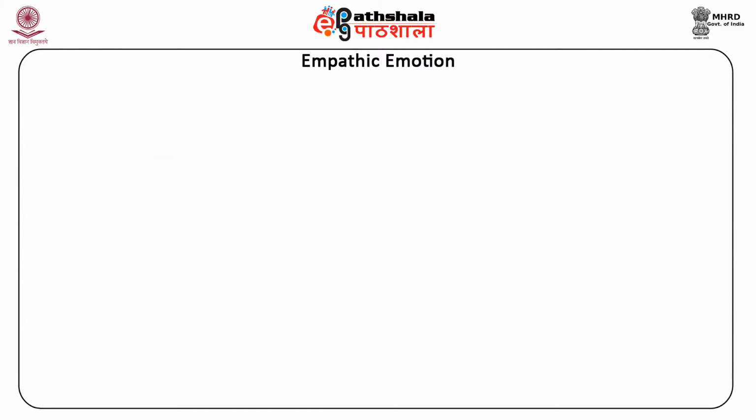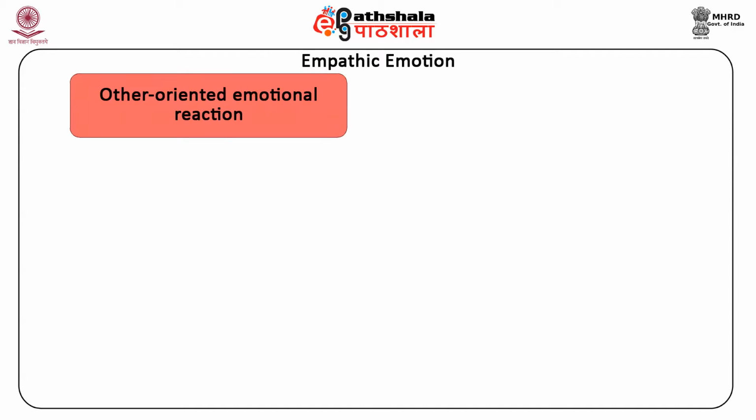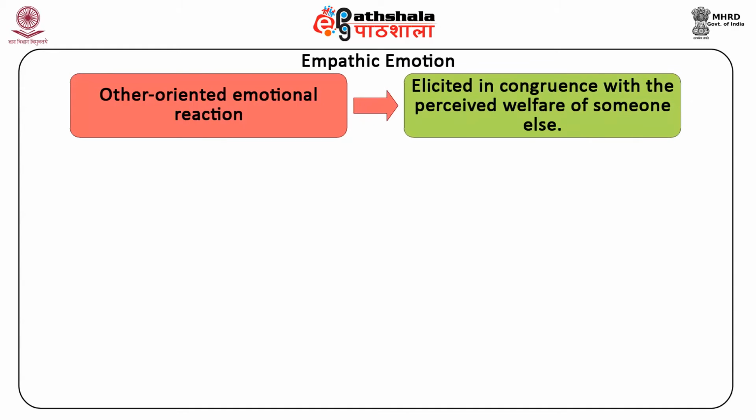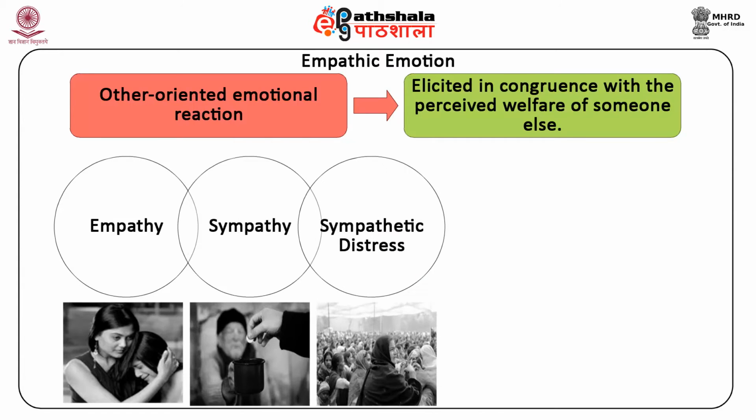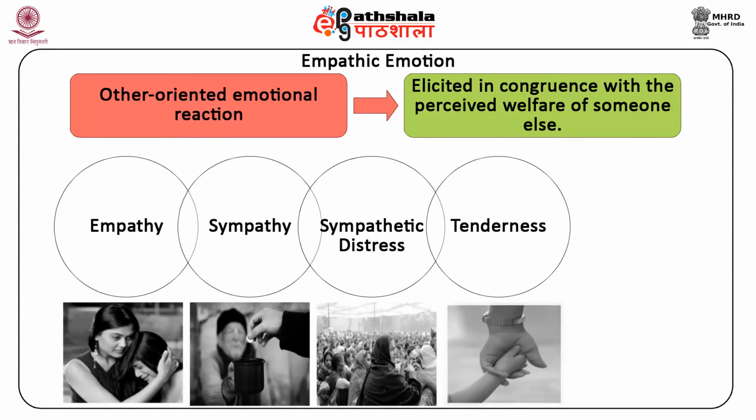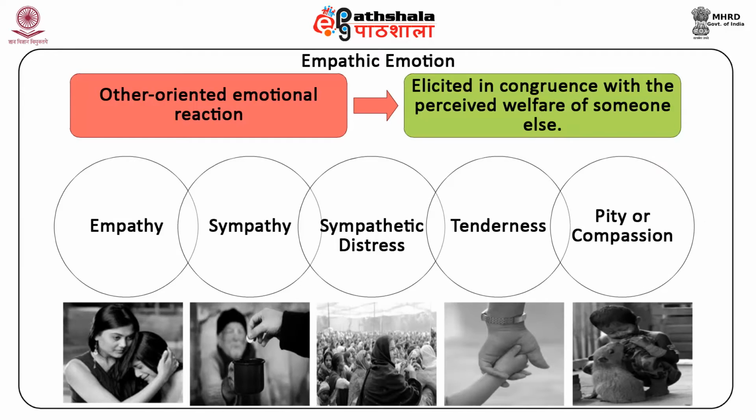The most frequently mentioned possible source of altruistic motivation is an other-oriented emotional reaction elicited in congruence with the perceived welfare of someone else. This reaction has variously been called empathy, sympathy, sympathetic distress, tenderness, and pity or compassion.